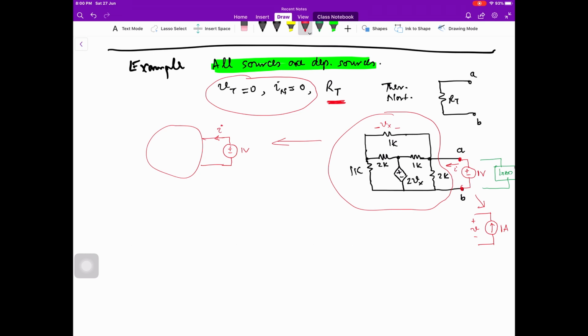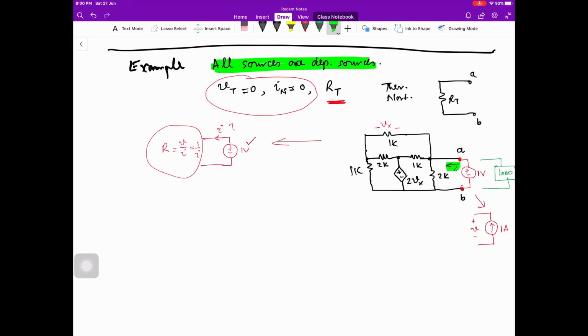So what will be the resistance of this circuit? Very straightforward. As the resistance is V over I, this will be equal to 1 over I. We know the voltage and we will find the current. Now look at the circuit again. In this circuit, we find the current. I am highlighting the current. What is this current?